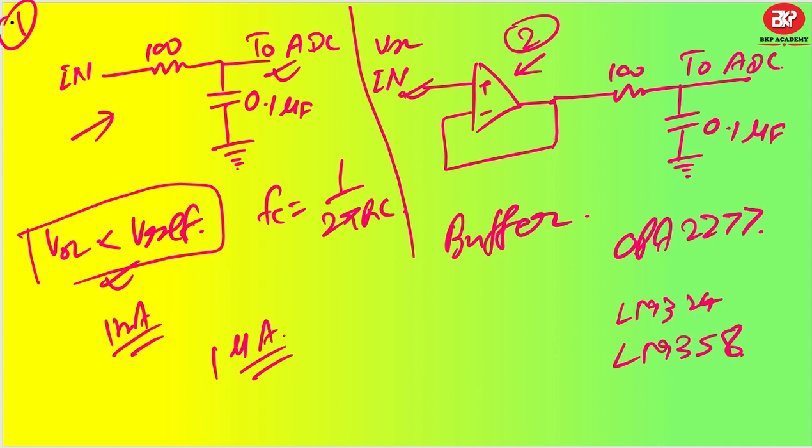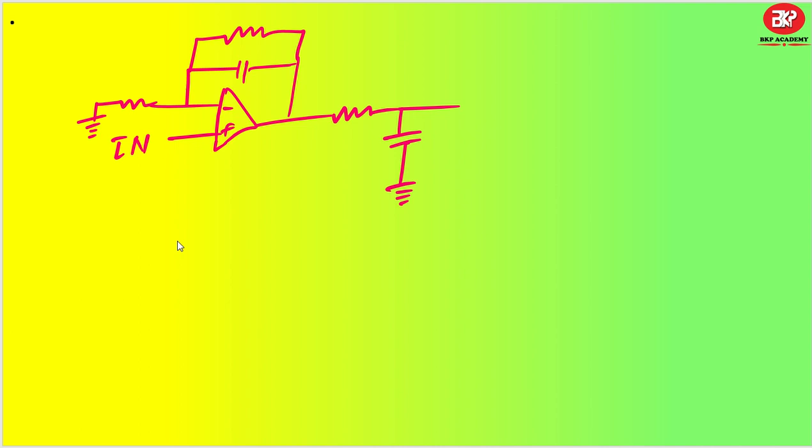Good. Now one more thing: let us say you want a low pass filter in the active mode itself, as well as some amplification. So the ADC input goes through the positive terminal, and you have an RC combination.